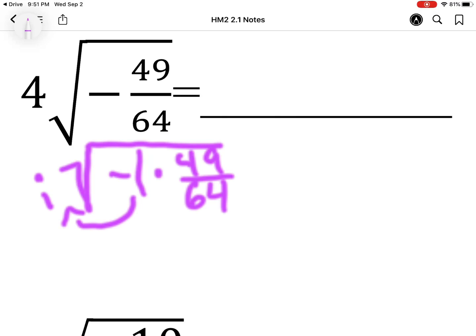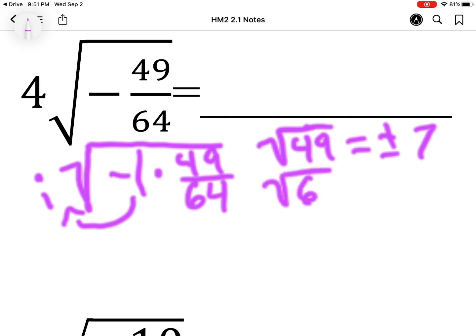It's going to become an i. And then our 49, so we have the square root of 49, which is 7 plus or minus 7. And then we have the square root of 64, which is plus or minus 8.